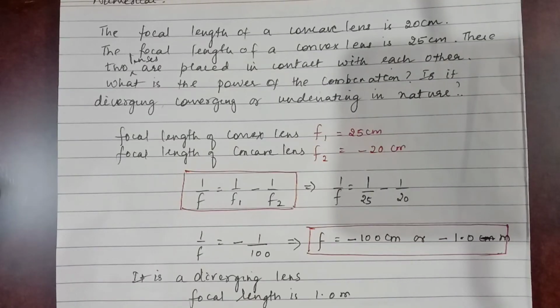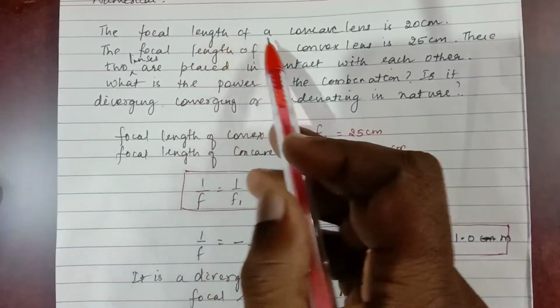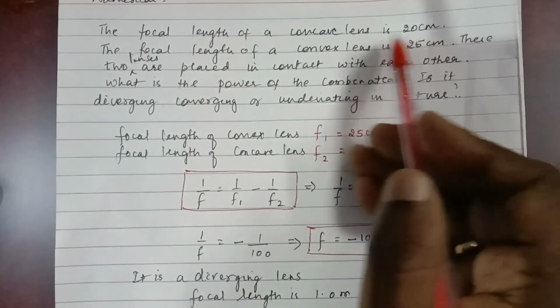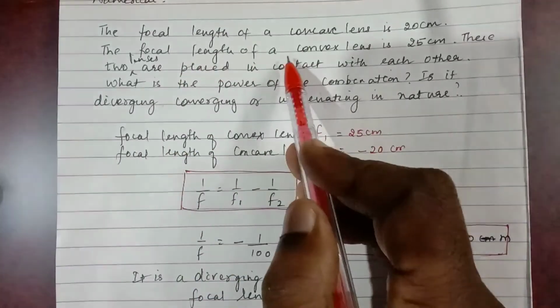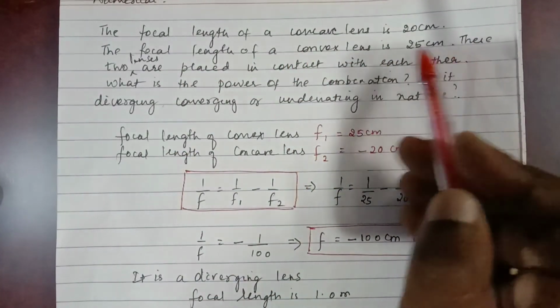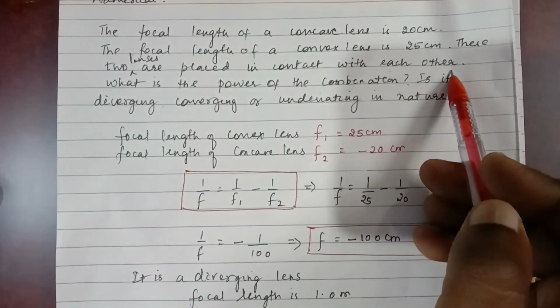For better understanding, let us solve a simple numerical problem. See, let me read the question. The focal length of a concave lens is 20 centimeter and the focal length of a convex lens is 25 centimeter. These two lenses are placed in contact with each other.